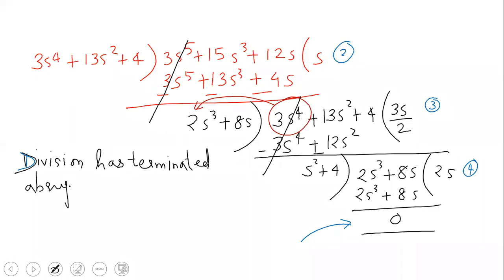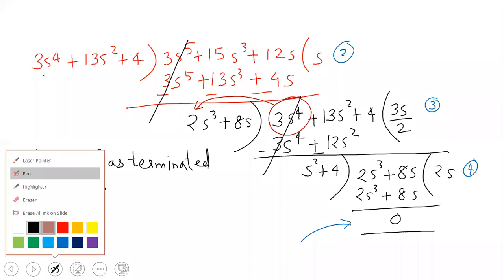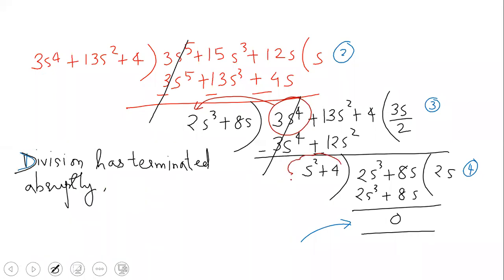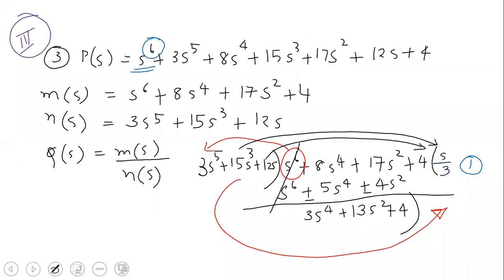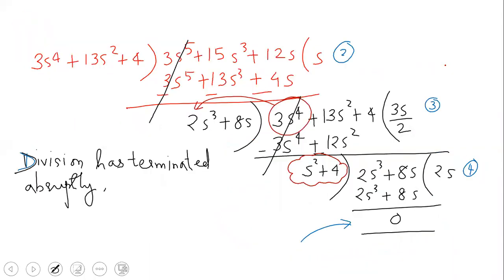So if it has terminated abruptly, then we have to search for a common factor. So whenever this happens, it means that the last divisor is one of the factors of this huge polynomial. So we will write this in a very unique way. So this is one of the factors of the huge polynomial.